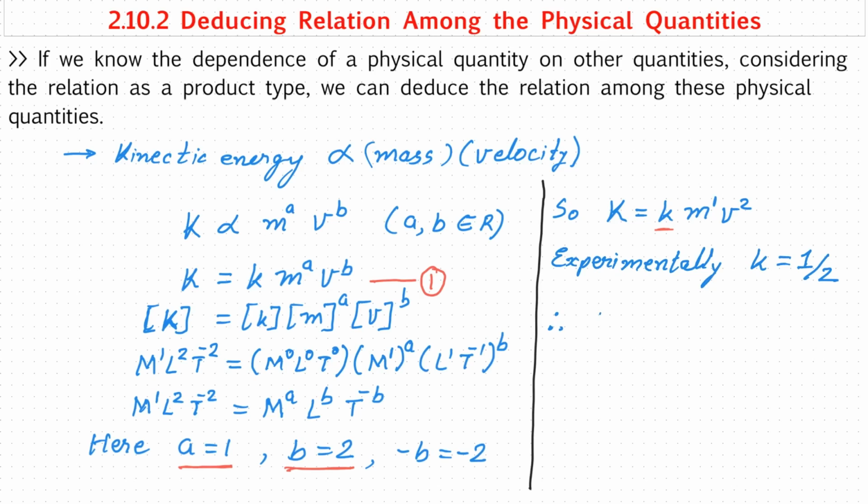Thus, now the equation of kinetic energy can be written as K is equal to 1 by 2 m v square. So here is the final equation of kinetic energy, which we have deduced by using dimensional analysis. Here we have sought out a relation of kinetic energy K with the physical quantities mass and velocity.